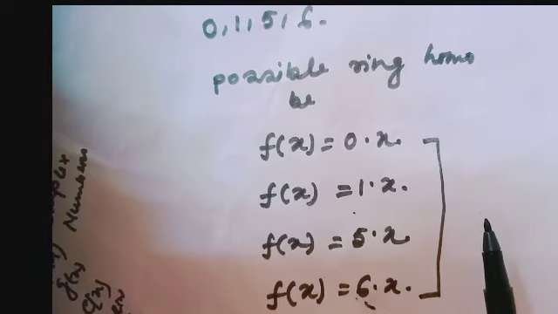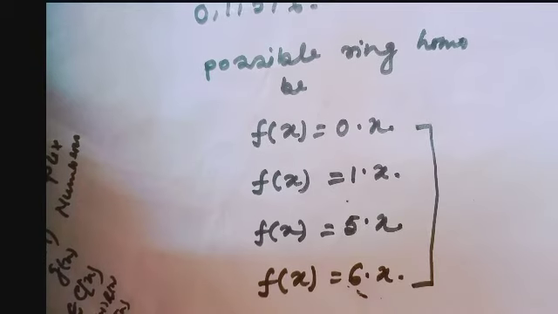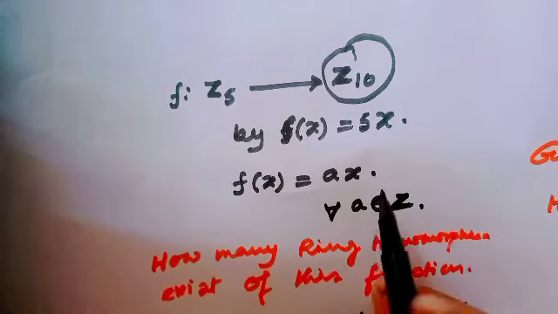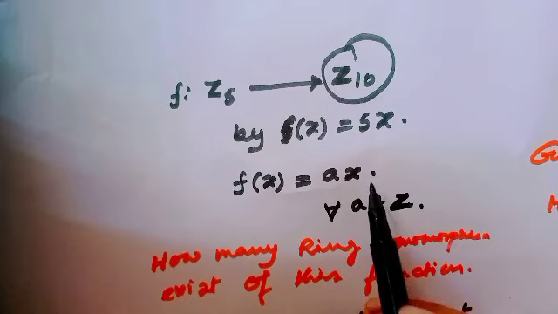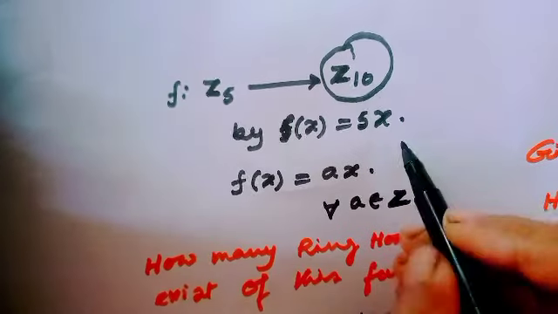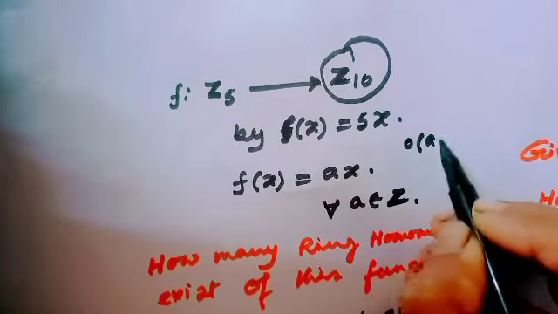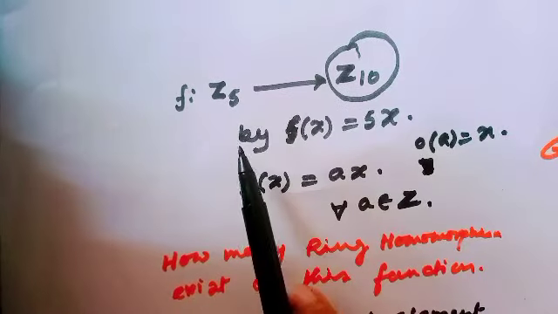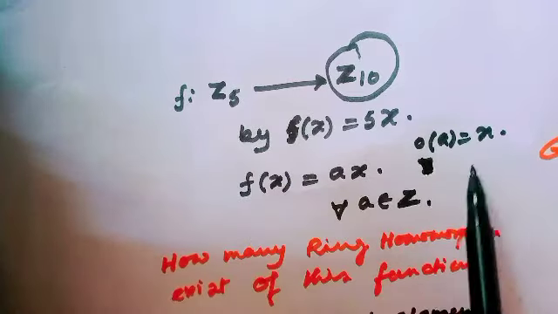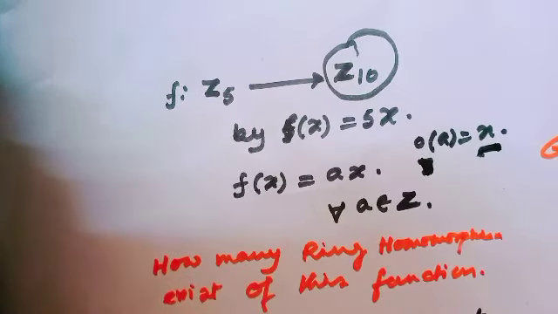This process is a very long method, to check every property of ring homomorphism for these 4 mappings. There also exists one rule. The rule is, if A is an idempotent element of this Z10, and if the order of A equal to X, therefore in Z5, if there exists an element of order X, then this ring homomorphism exists. Are you getting the method?